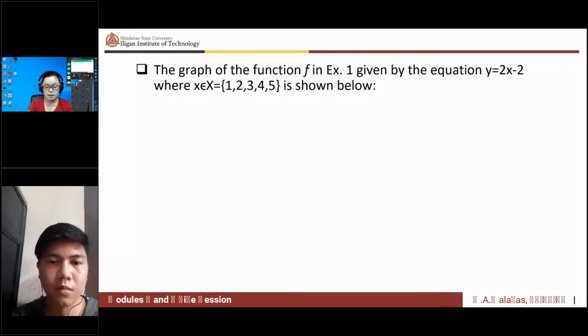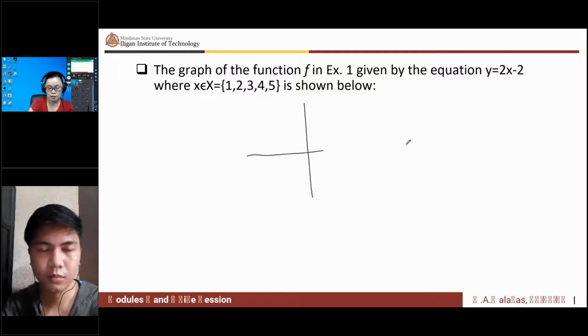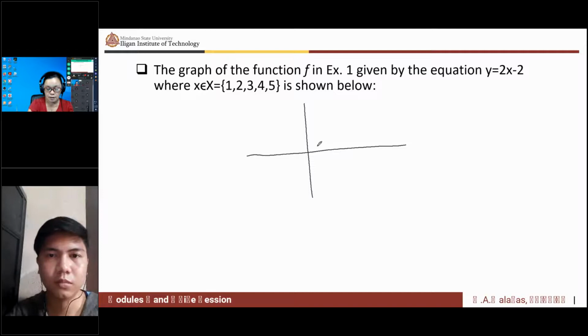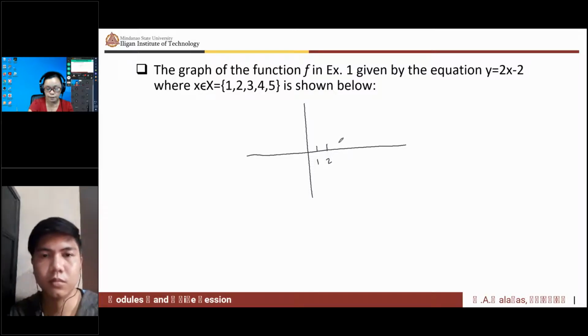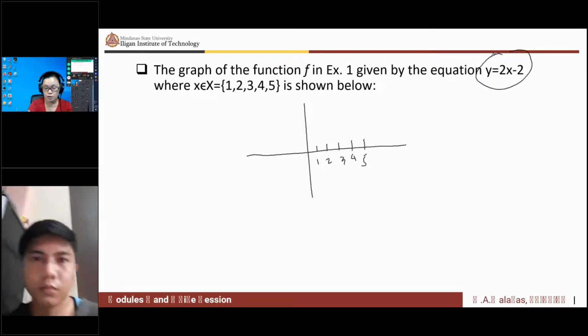Okay, so this is our function in example 1. As you can see, our domain is finite, but you can still plot the function, sketch its graph. You have x equals 1, 2, 3, 4, 5, and this is the defining equation.